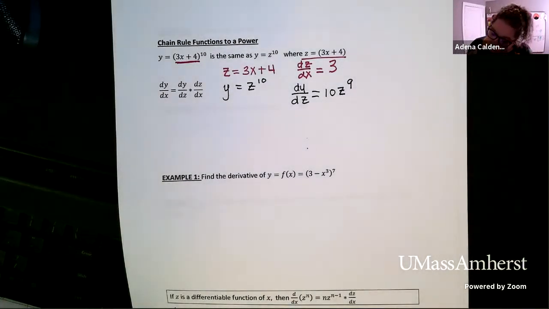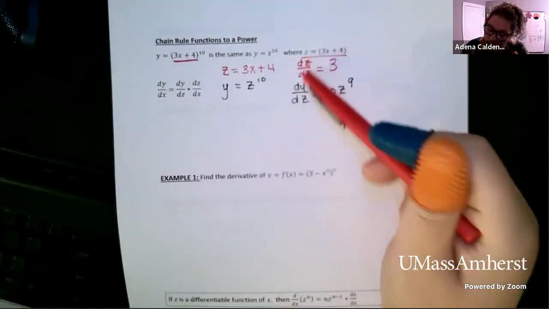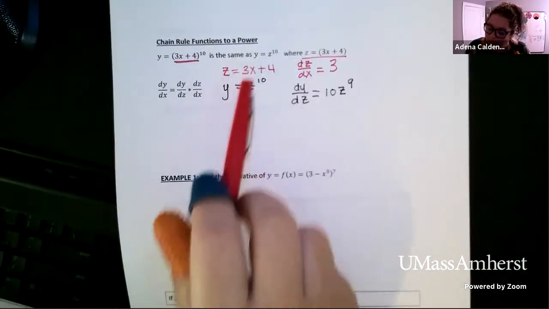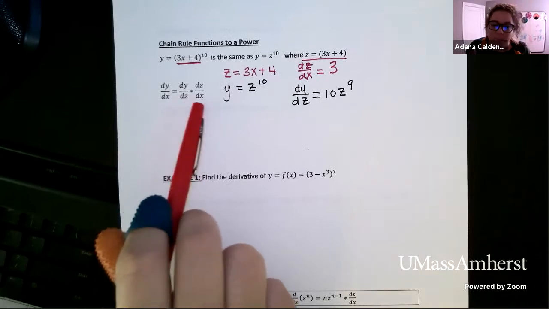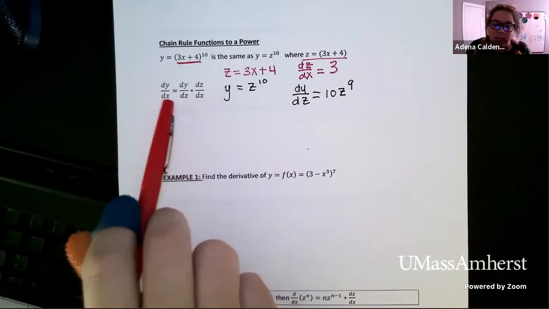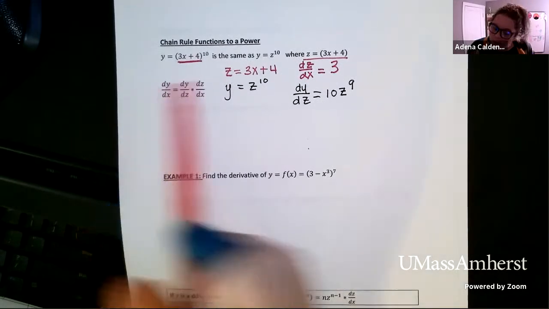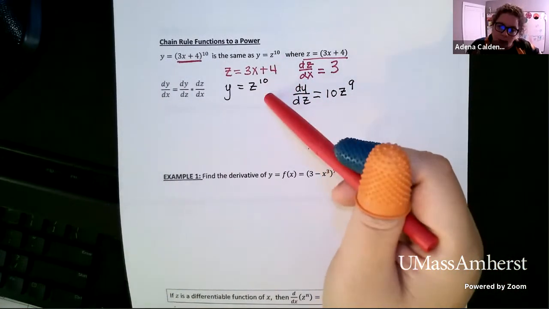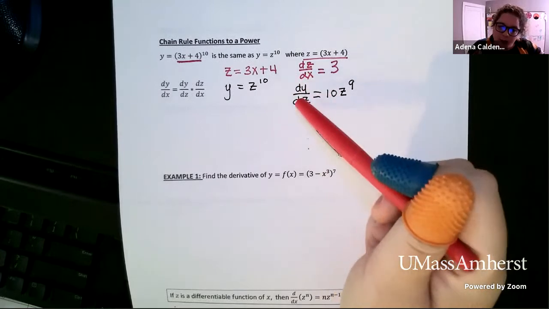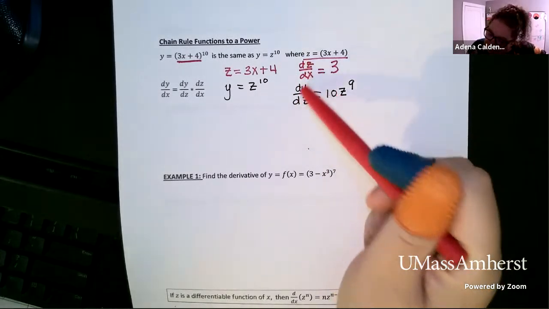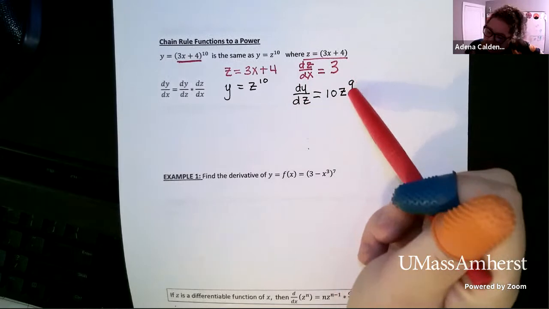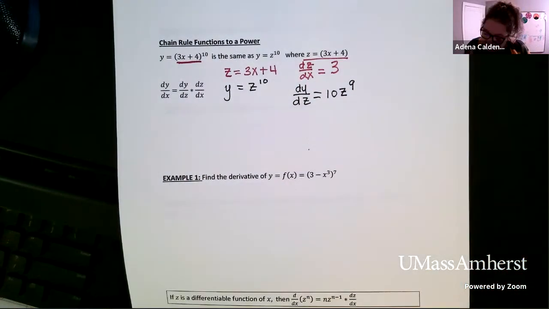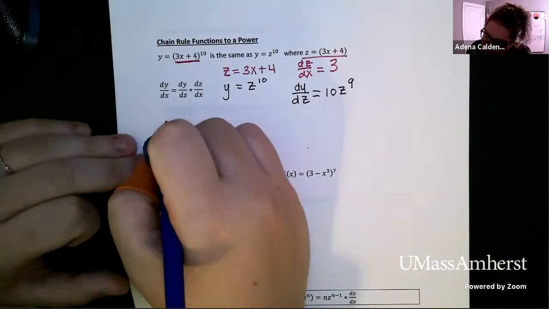So notice that these two derivatives, which are based on my substitution, are the two derivatives I need to multiply together to get the derivative I want. So by splitting up my function this way with a z substitution, and then finding the derivative of those pieces using the rules I already know, I can now multiply these two functions together to get the derivative I want.